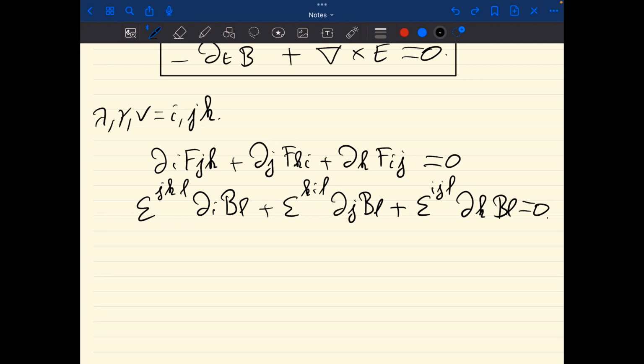So 1, 2, 3. It actually doesn't matter which one is 1, 2, or 3, because all three terms you see are permutations of the same three terms.